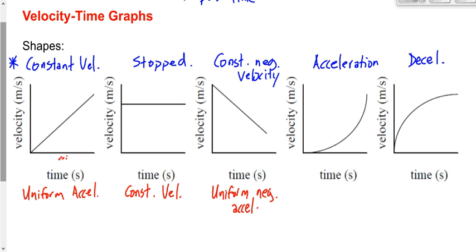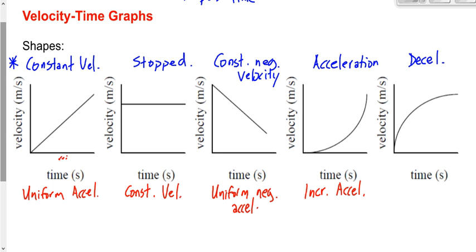Is that okay? So your speed is increasing, but so is your acceleration. Whereas in graph number 1, your acceleration stays the same, and your speed continues to increase as a result of that acceleration. So we're going to say here that this is increasing acceleration.